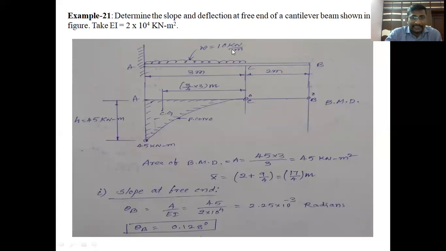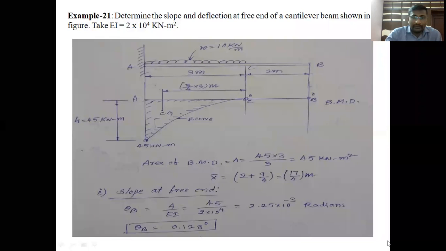Load intensity is 10 kilonewton per meter. The total load is 10 into 3 kilonewtons. So 30 kilonewtons acting between A and C, which is concentrated at the center of the UDL. At the center means, from point A, it will be concentrated at 1.5 meters distance, isn't it?